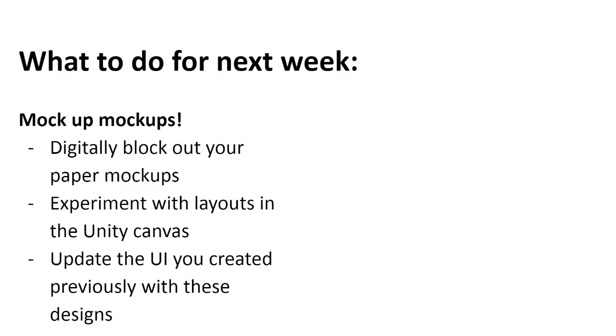If you haven't already, experiment with laying out your UI in Canvas. Experiment with the Text Mesh Pro elements if you haven't already. And if you've got any UI elements in your games, think about contrast, think about ergonomics, think about all these elements that I've discussed, and we will be going over it later.